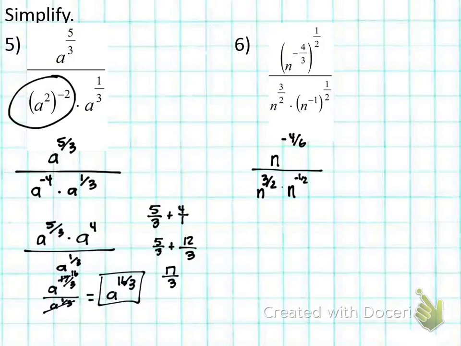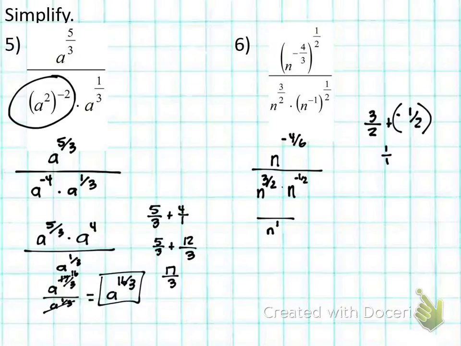The denominator now we can combine by adding in 3/2 plus a -1/2 is just going to be 1, right? Because 3/2, if I do a side problem, it's like saying 2 over 2 or just 1 over 1, okay? So our denominator is now n over 1.